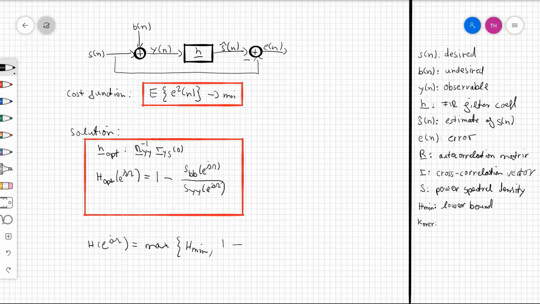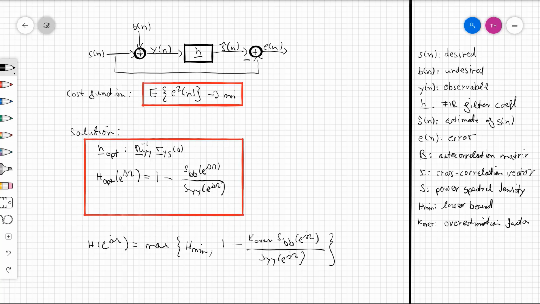It's 1 minus, but we add an additional factor, K over. K over we call the overestimation factor. And then the rest is the common solution, SBB divided by SYY. And this K over, this overestimation factor, puts an additional gain on our noise estimate.